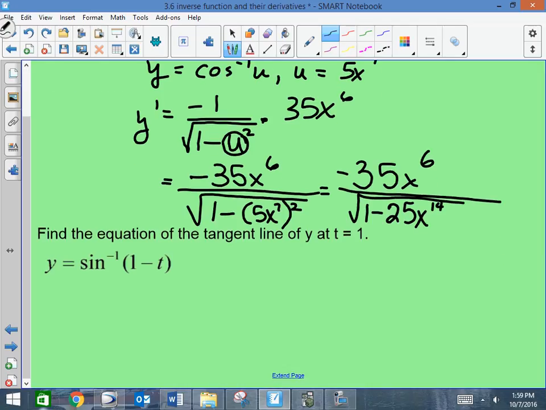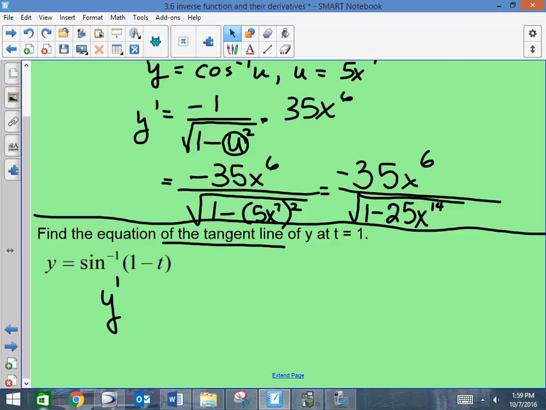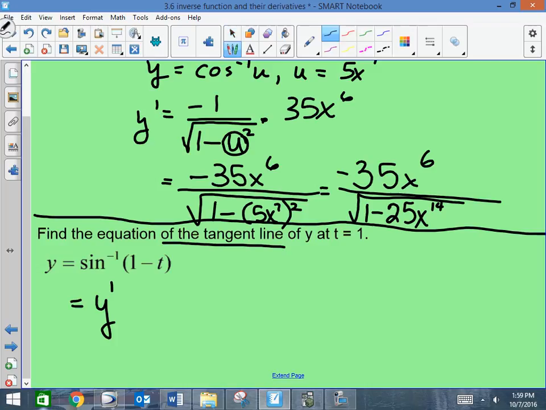Okay. Find the equation of the tangent line of y at t equals 1. All right, equation of the tangent line. First one to start with is y prime, because that's what, as far as the tangent line goes? m, slope of the tangent line, right. Okay.